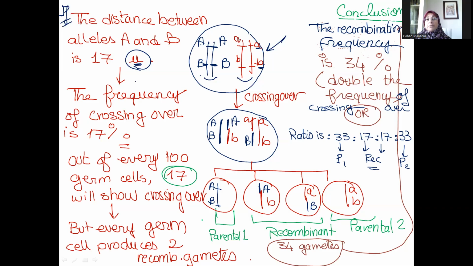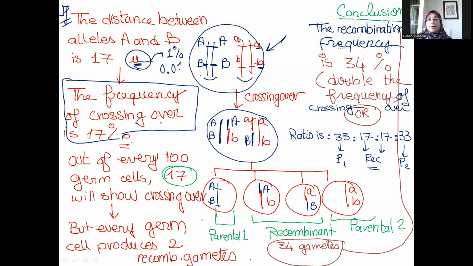And this simply implies that the frequency of crossing over is 17%. What do we mean by the frequency of crossing over is 17%? We said that every unit represents 1%, or a probability of 0.01. So if they are 17 units, then the frequency of crossing over is 17%.